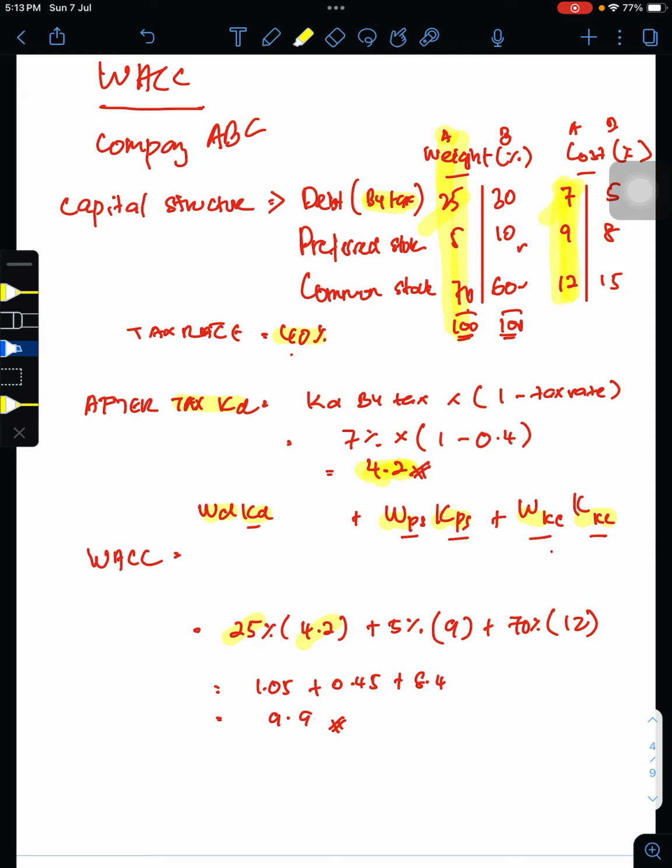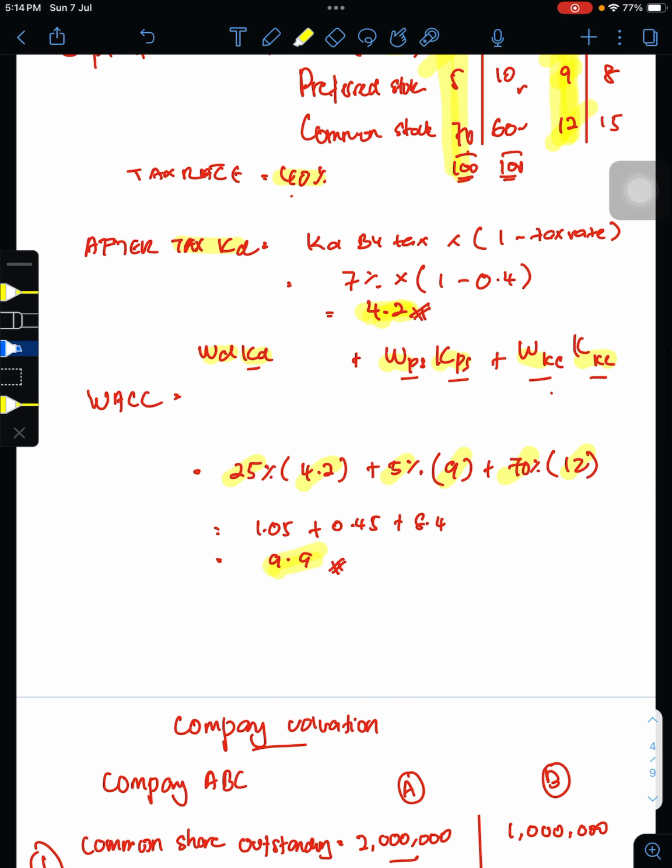The weight of your preference stock is 5% and its cost is 9%. Your common stock weight is 70% and its cost is 12%. You multiply these, and when you add up, this should be your weighted average cost of capital.